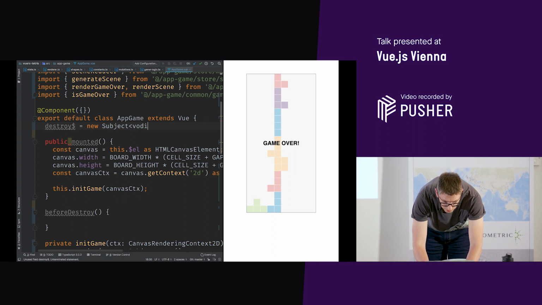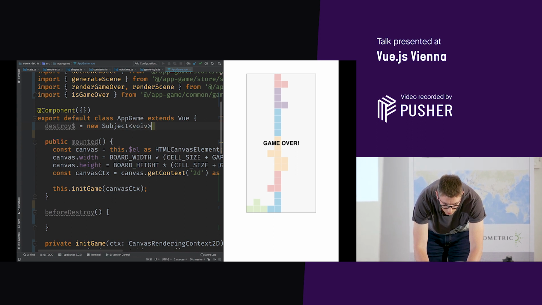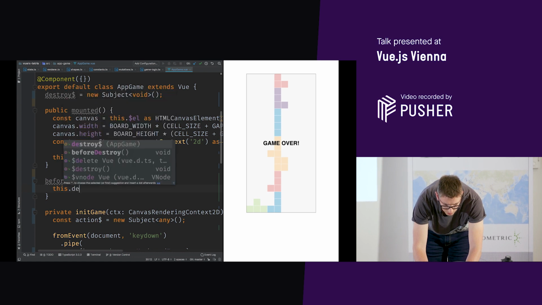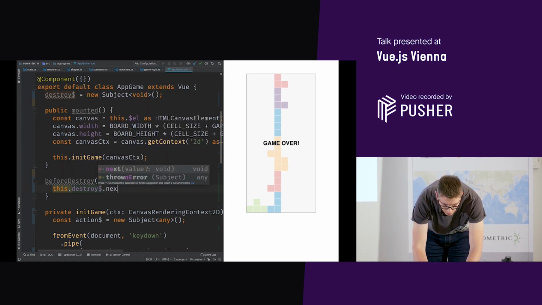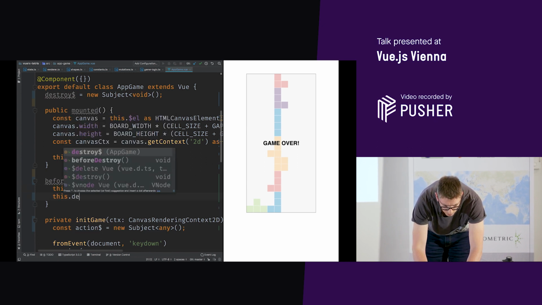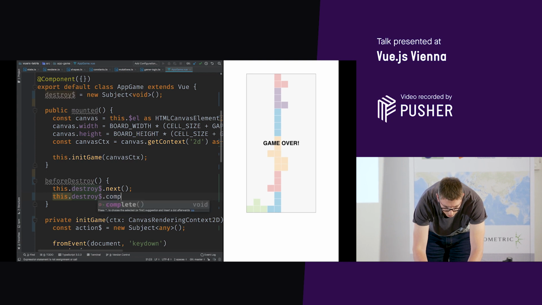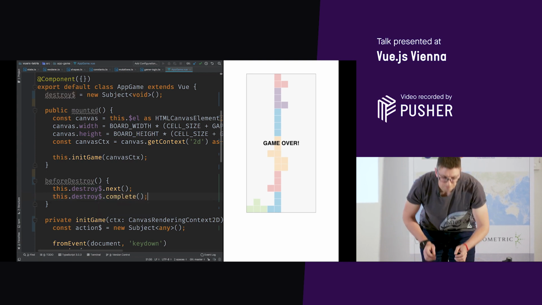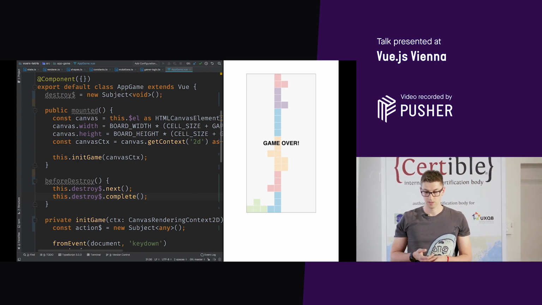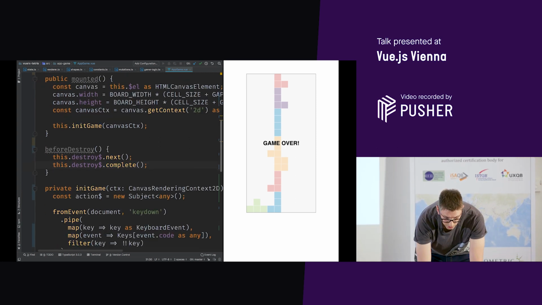And we'll say that this is type void. It doesn't return anything. And on destroy, we're going to say that this destroy will fire a single item, and then we're going to complete this stream. So we are just firing one item, and we are closing it.